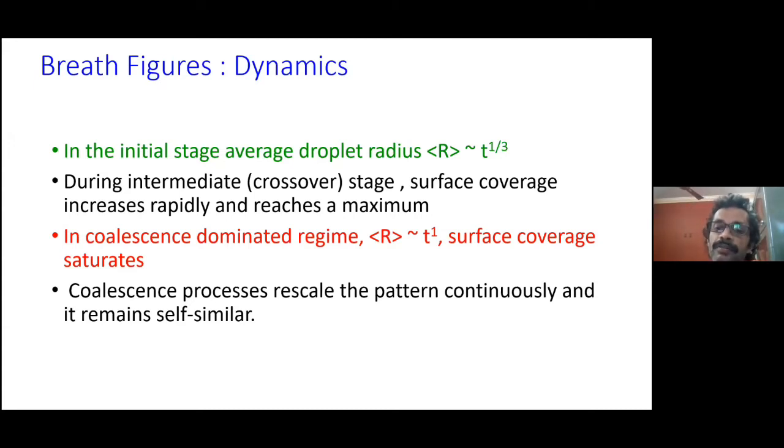Generally, here the growth exponent is 3 times that of the growth exponent in the initial stage, and that is fairly universal. The surface coverage saturates in this coalescence dominated region. As one can expect, coalescence processes rescale the pattern continuously so that it remains self-similar.